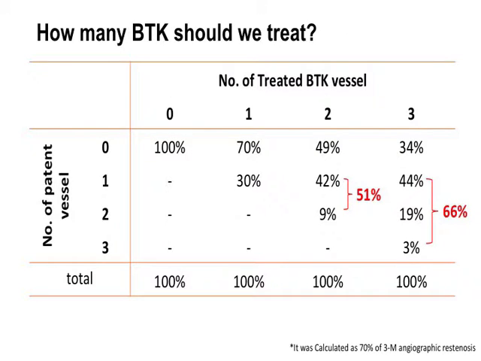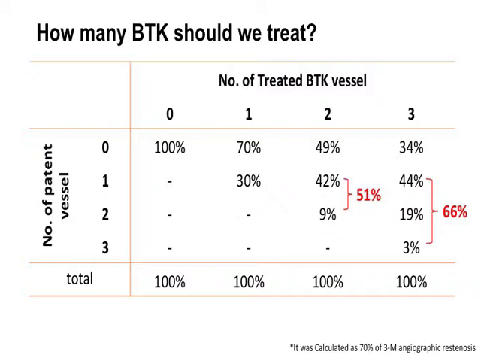How many below-the-knee arteries should we treat? Let's talk about the probability of keeping them open. As I mentioned earlier, the 3 months restenosis rate was 70%. So if you treat one vessel, 3 months later 70% were restenosed or occluded, so the remaining 30% seem to be open.